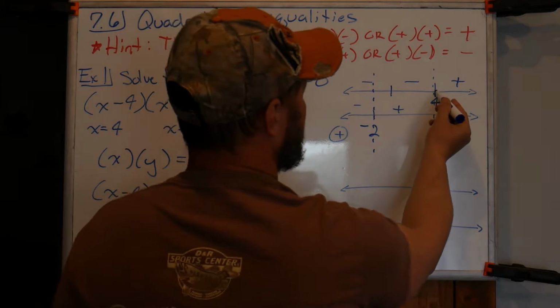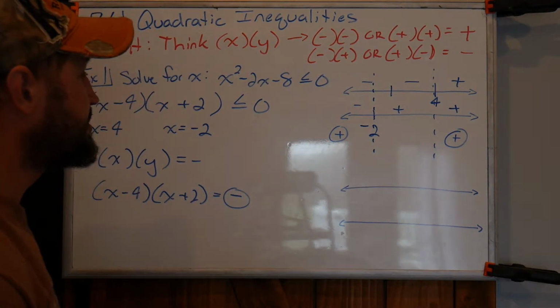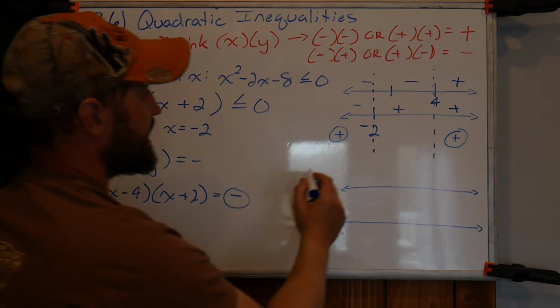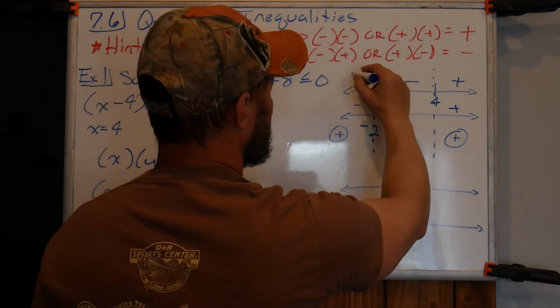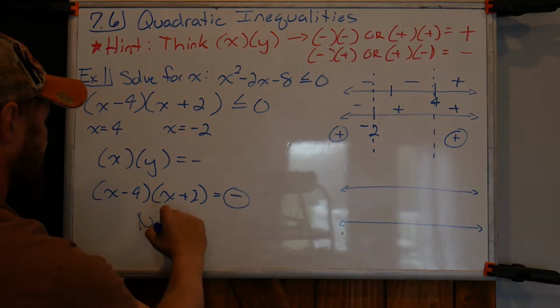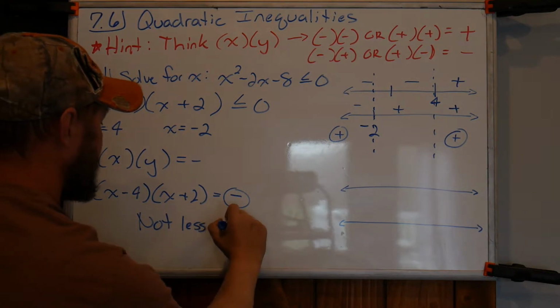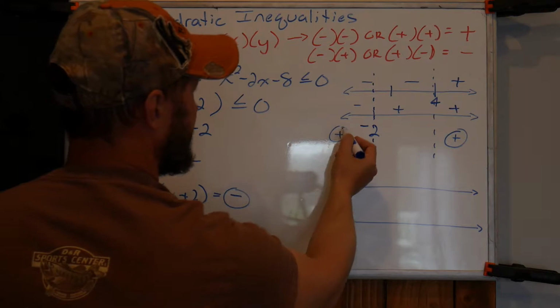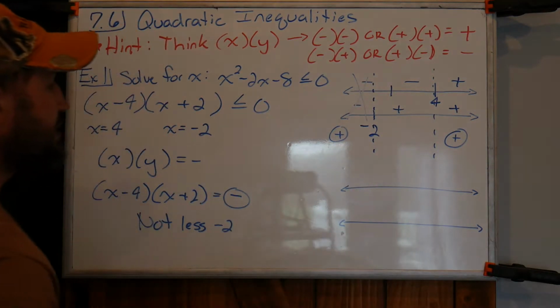We know where they lie. We have a 4. We have a -2. Those are the numbers we're dealing with. But we need a negative. Let me write it here. We're not talking less than -2 because they're both positive. So that's out.